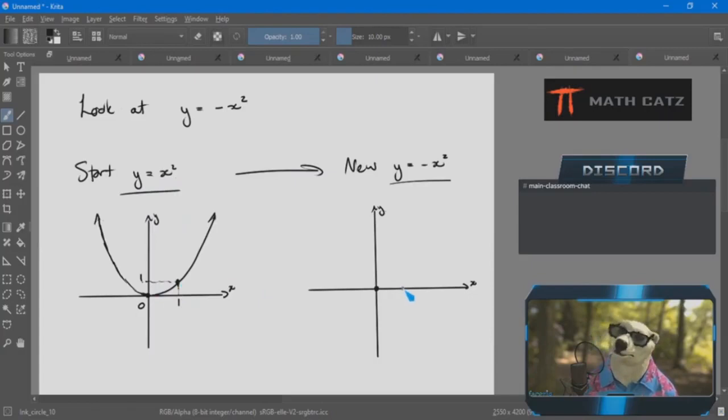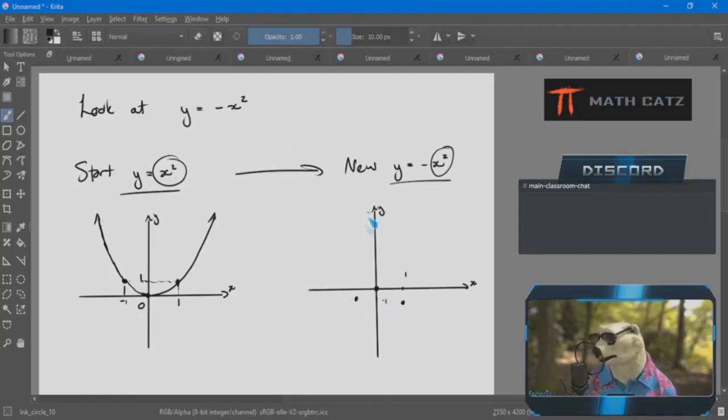But now when x is 1, I'm going to have the same right-hand side, but I'm going to multiply that by negative 1. So that's just going to move that point to the bottom over here. And over here, when I plug in negative 1, I get the same right-hand side, but then I multiply that by negative 1.